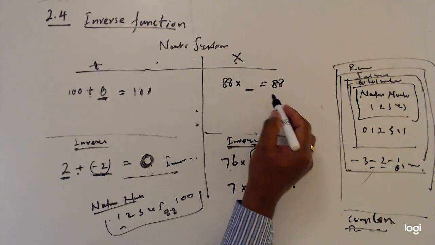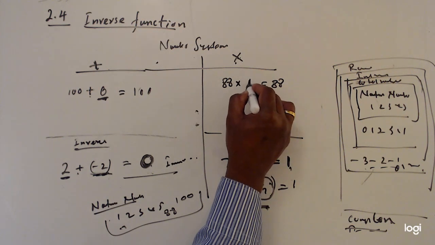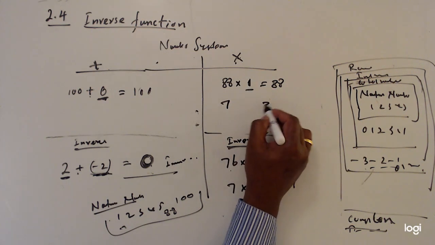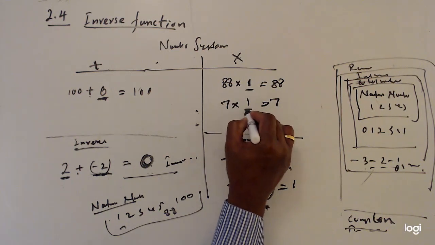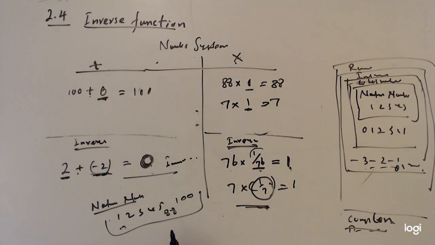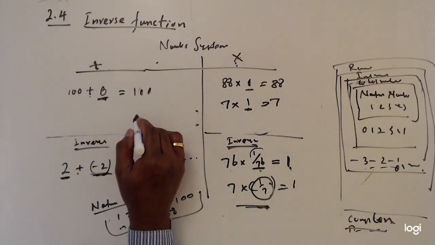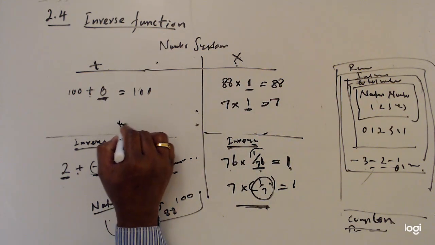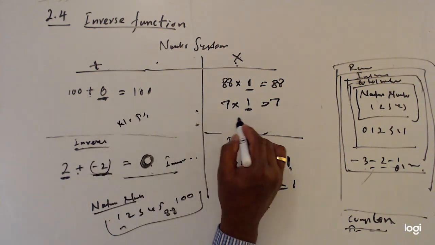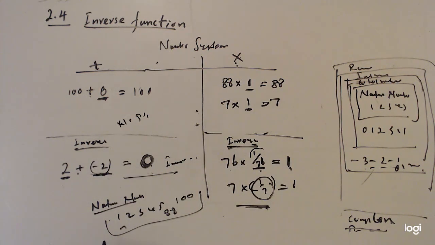Is there any number? Yes, 1. If you select 7, then we can get 7 by multiplying by 1, so 1 is the ID. So under addition there is no ID, but under multiplication there is an ID.